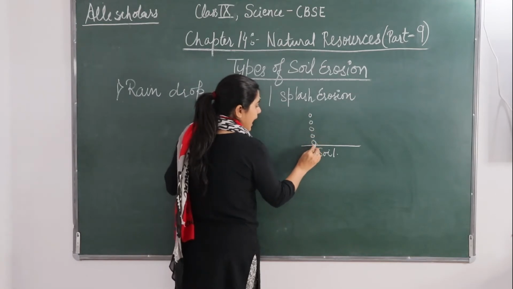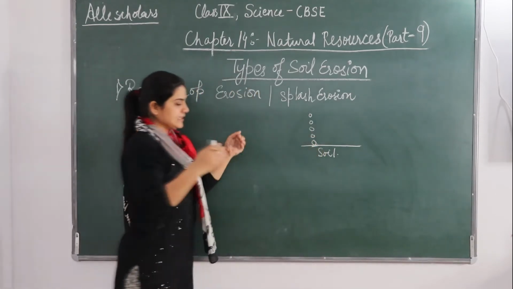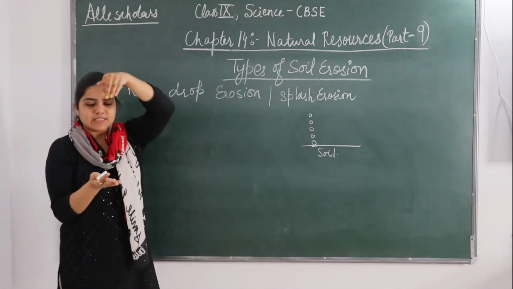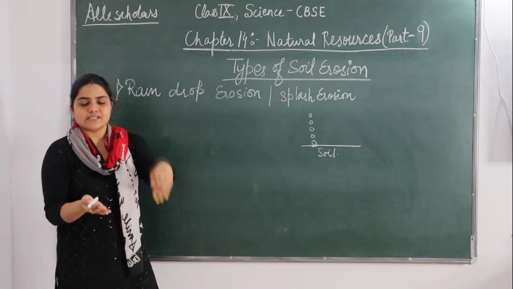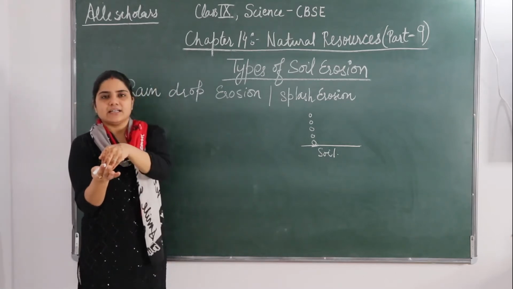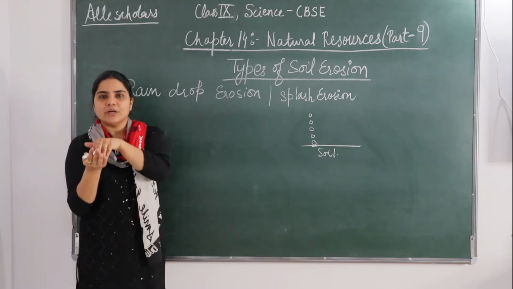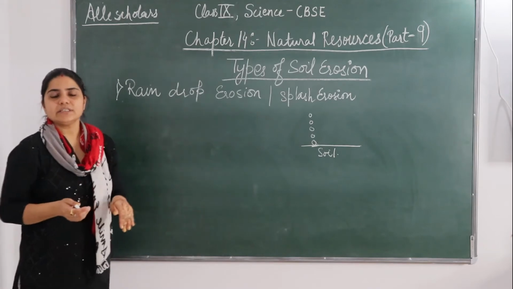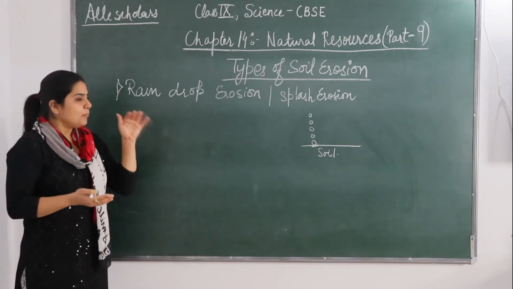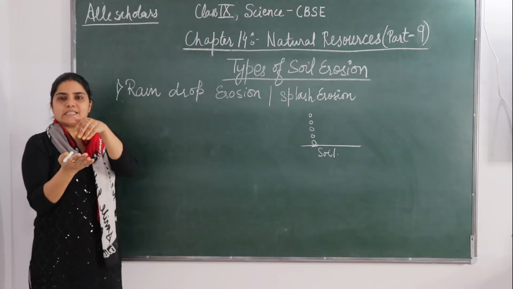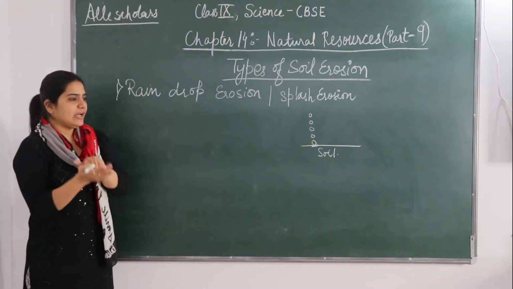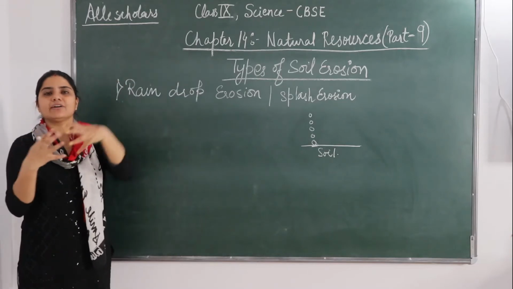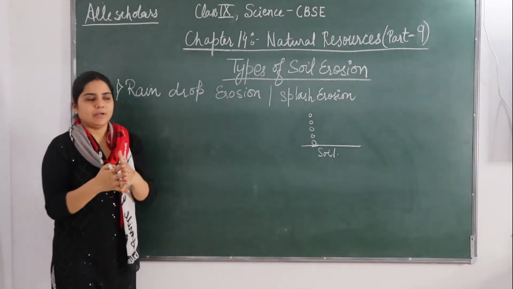A raindrop is coming, and when it touches the surface, it bombards it. टकराता है. Raindrop जो है जब land surface, soil surface पे गिरेगा, तो टकरा जाएगा soil से. Okay, so how does raindrop erosion occur? It occurs by the bombardment of the soil surface with the raindrop. Raindrop आके ऐसे soil surface पे गिरा, एक टकराव हुआ, एक bombardment हुआ.